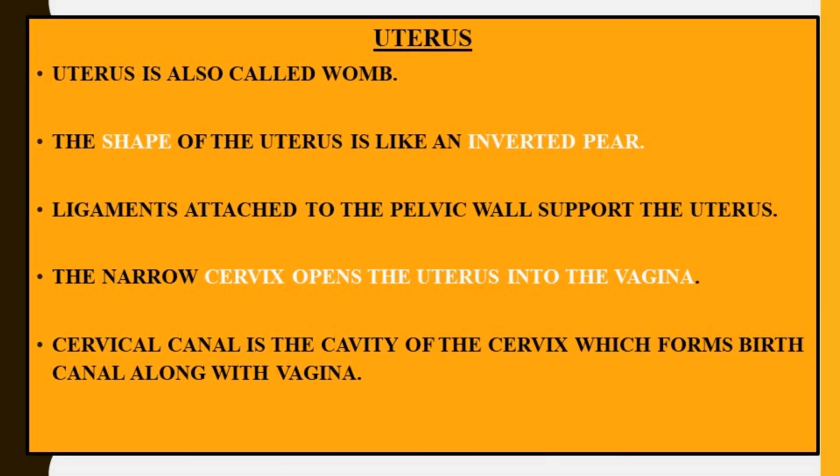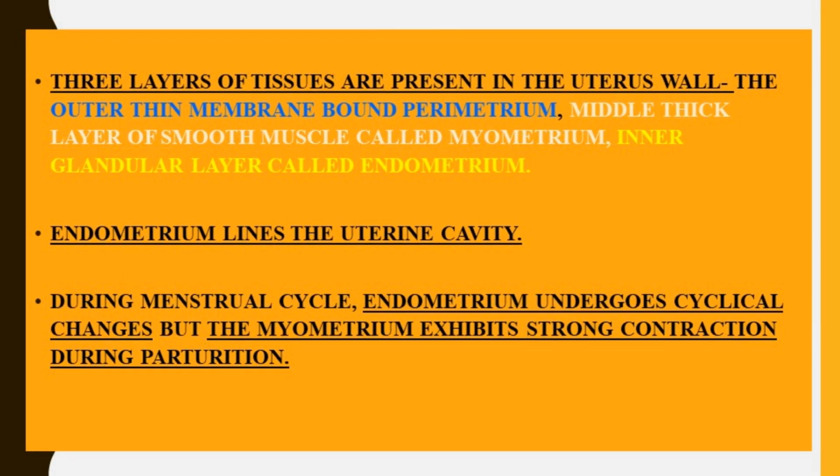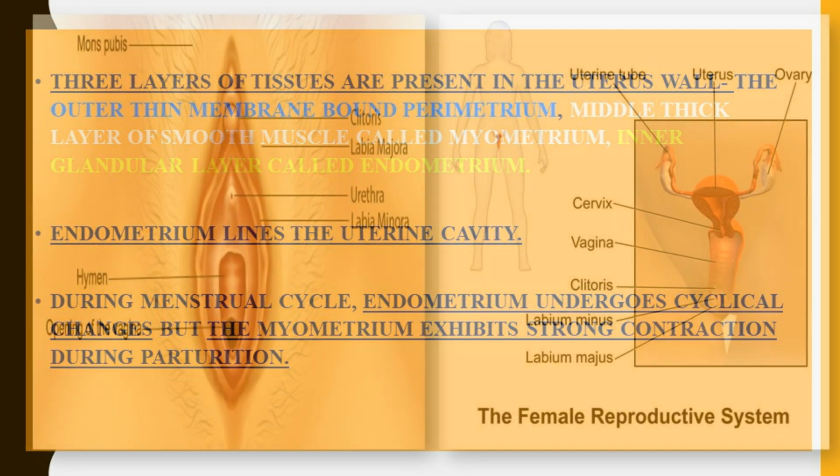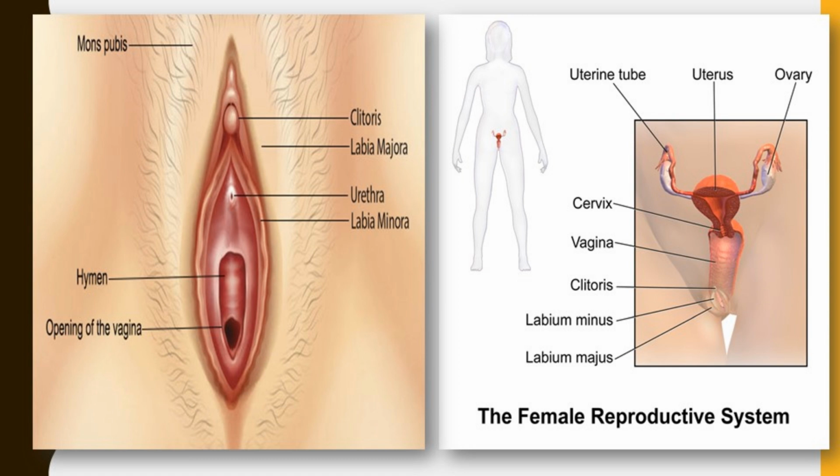All the points we had discussed are given in these slides. Please go through it. The next part is the female external genitalia, which includes the following parts: mons pubis, labia majora, labia minora, hymen, and clitoris. Mons pubis is a cushion of fatty tissue covered by skin and pubic hair.